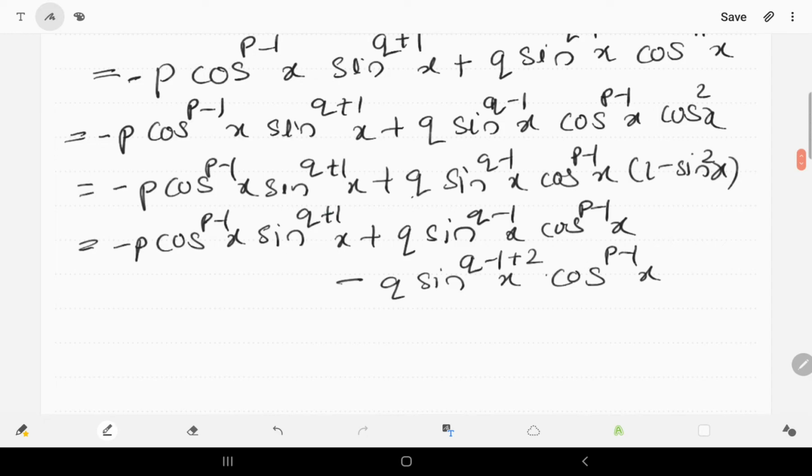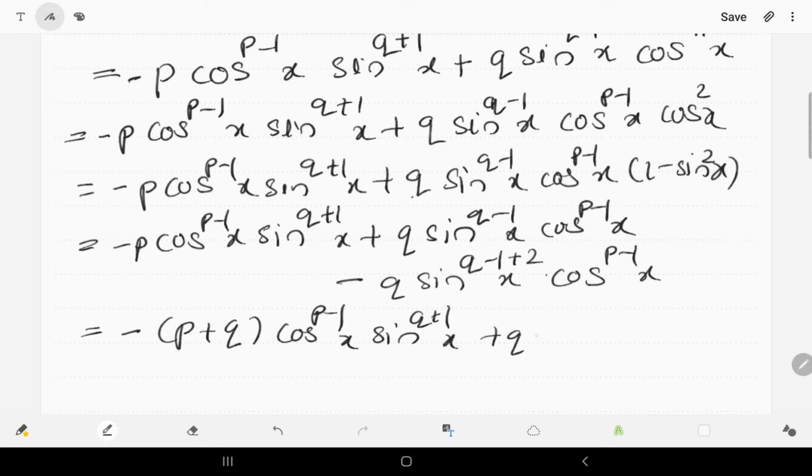So sin raised to q plus 1 and cos raised to p minus 1. In these two, cos raised to p minus 1 and sin raised to q plus 1 are common. Therefore this is equal to, with the minus sign common, p plus q cos raised to p minus 1x sin raised to q plus 1x plus this term q into sin raised to q minus 1x cos raised to p minus 1x.